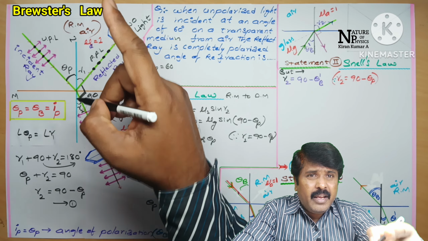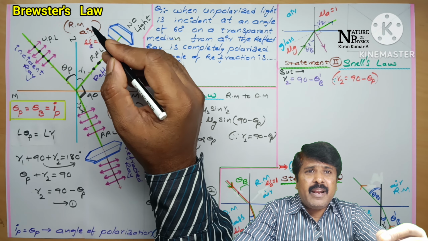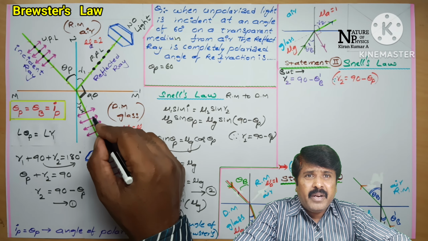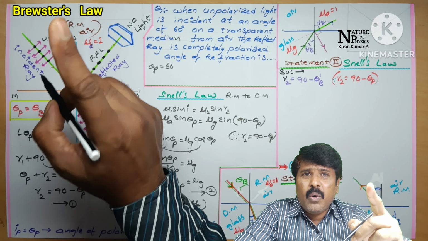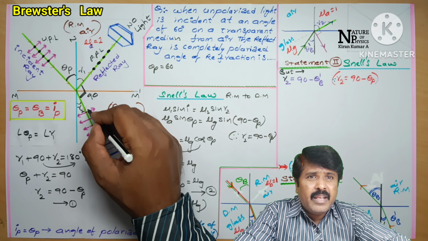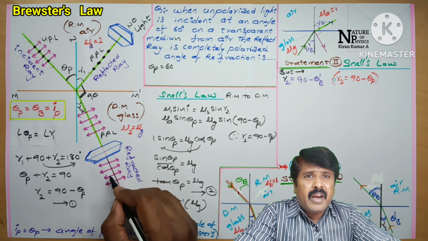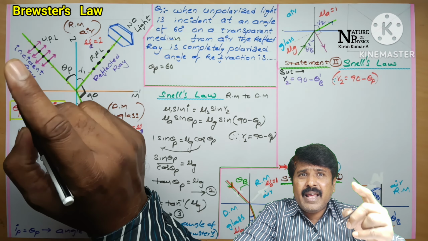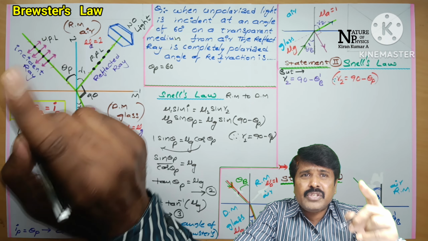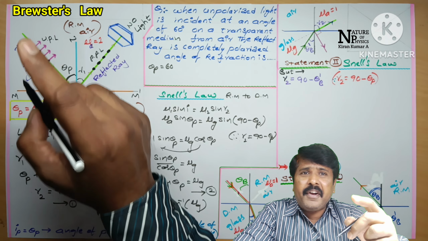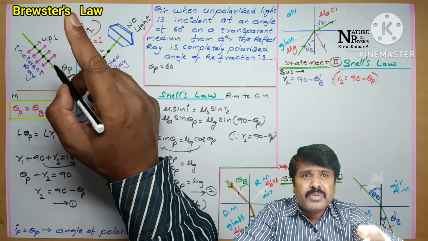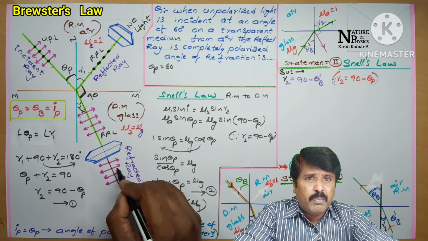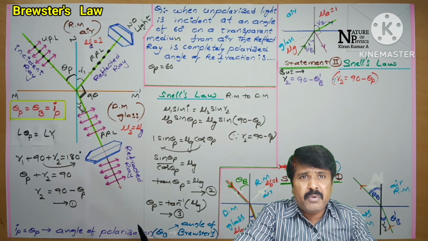Similarly, we can discuss the same analyzer arranged for the refracted ray. See student, the refracted ray has only arrows, so all the arrows are transmitted through the analyzer, because the analyzer only stops the dots and transmits the arrows. See clearly, 4 arrows are there, and we are getting an output of 4 arrows.